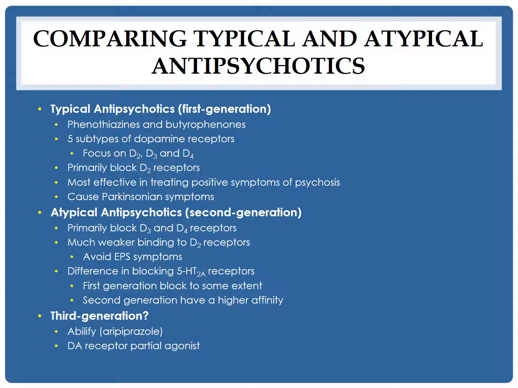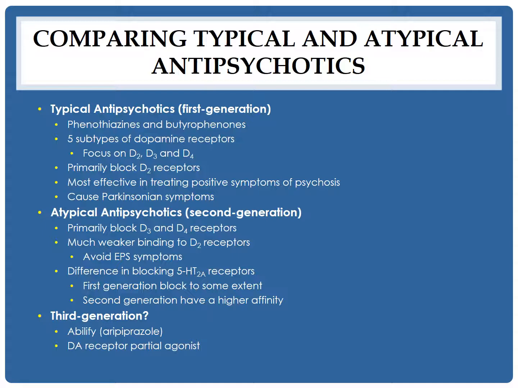These are most effective in treating the positive symptoms of psychosis rather than the negative symptoms. But when the D2 receptors are blocked in high enough numbers, at something like 60 to 80% occupation, these drugs can cause Parkinsonian symptoms, the EPS symptoms that we were talking about before. These are also called neuroleptic symptoms, and another name for these drugs is the neuroleptics.